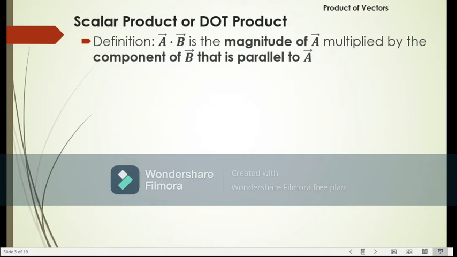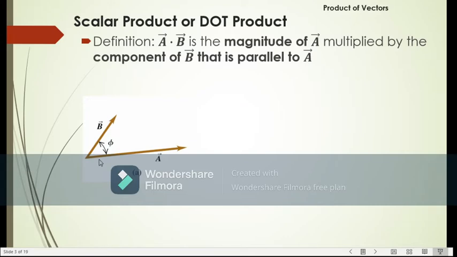So what is a scalar or a dot product? We will define it as the magnitude of A multiplied by the component of B that is parallel to A. For us to understand more, let's use our illustration.